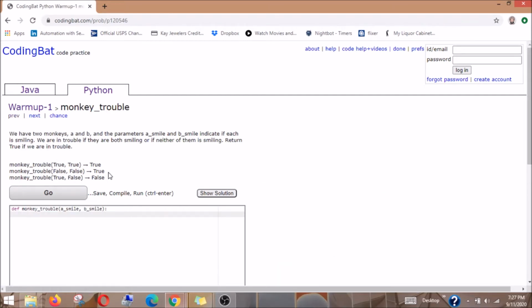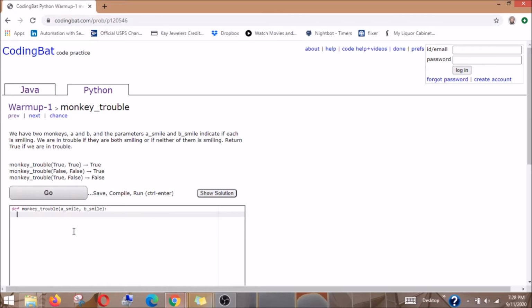The next question is, we have two monkeys, A and B, and the parameters a_smile and b_smile indicate if each is smiling. We are in trouble if both are smiling, or if neither of them is smiling. Return true if we are in trouble.